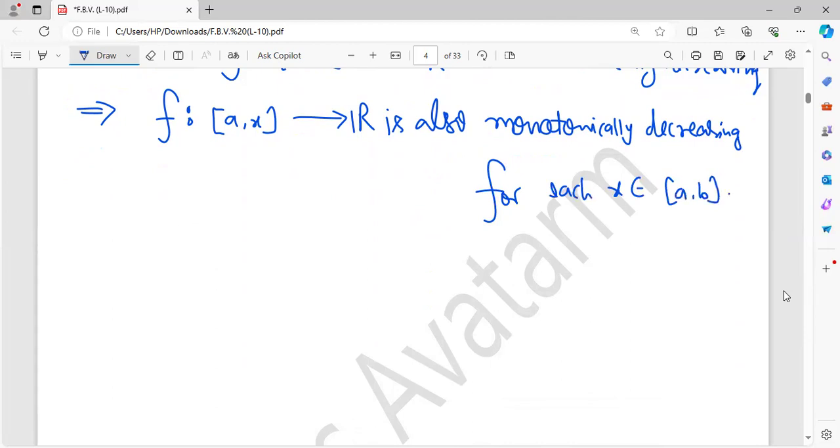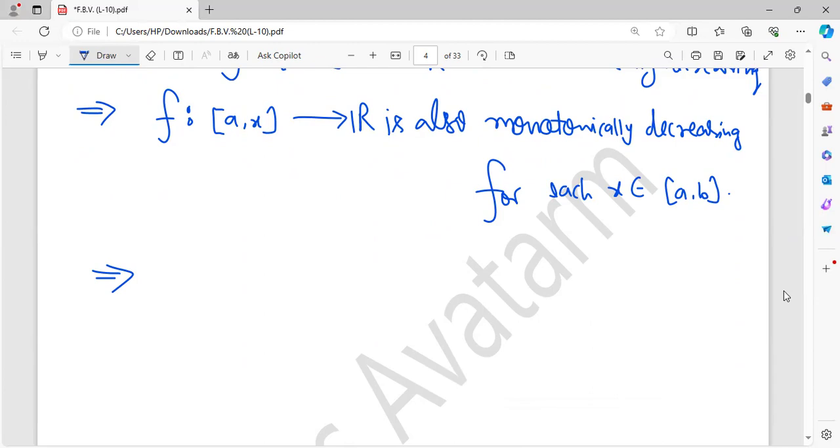Okay. So we know that a monotonically decreasing function or monotonically increasing function is simply said to be monotone. Monotone includes both the meanings, monotonically increasing or decreasing. So monotone functions are functions of bounded variation. Monotonically decreasing functions are functions of bounded variation.